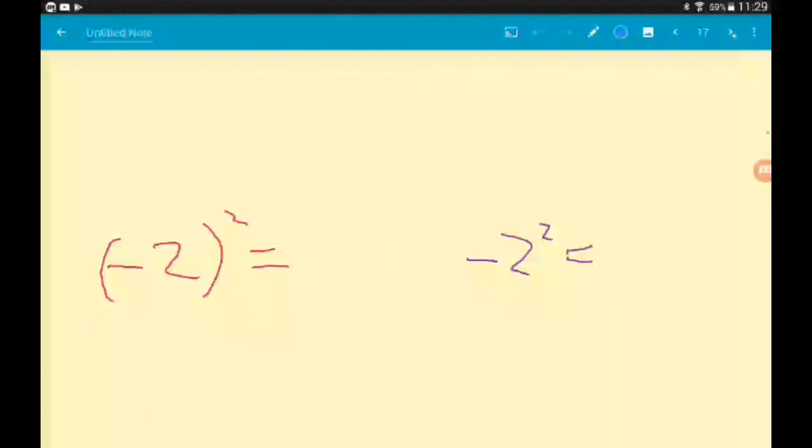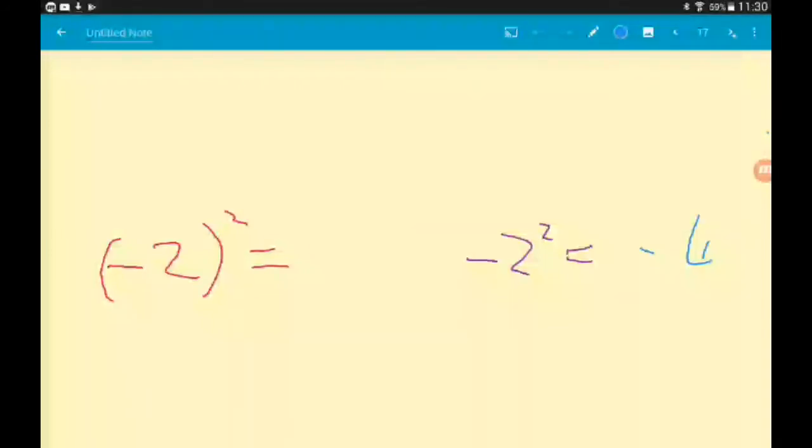So, if you were to put each of these two things in, you would get a different answer. Hopefully we've all been told by now, whenever you square a number, you always get a positive answer. So why, when you put the right hand one in, minus 2 squared, do you get minus 4?